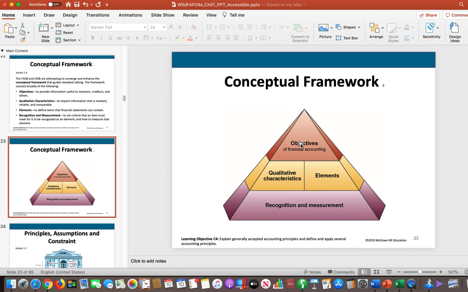Right here, the objectives, based on being reliable, relevant, and comparable. That's the qualitative characteristics. And the elements, what elements should be contained in a financial statement, and then how do you measure those elements? How do you recognize them and measure them?